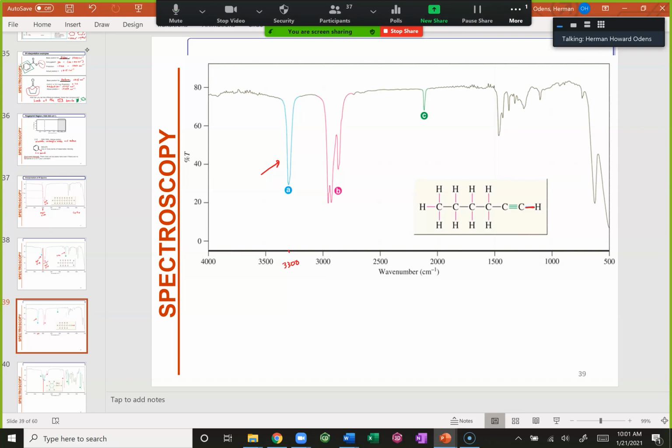This signal is telling me that I have sp CH character. Then I'm going to trace my magic line.